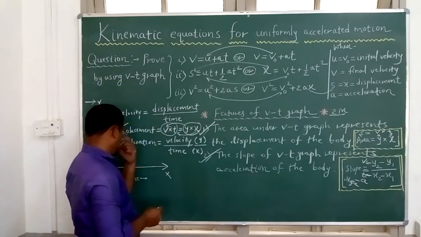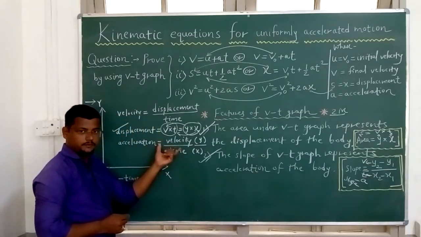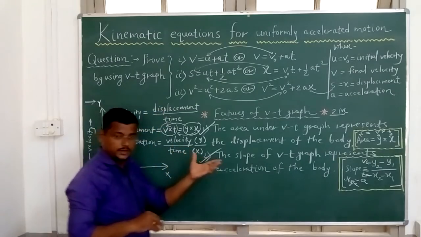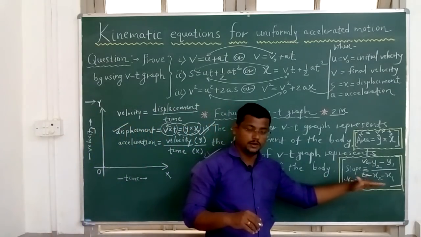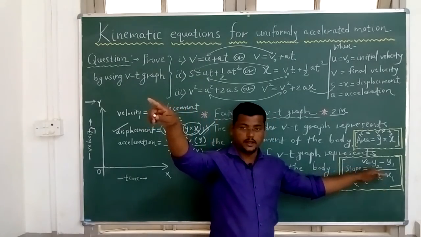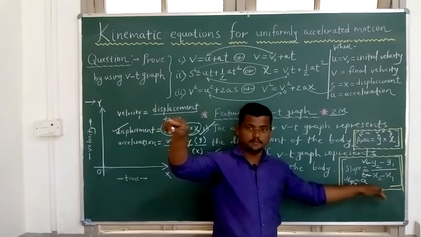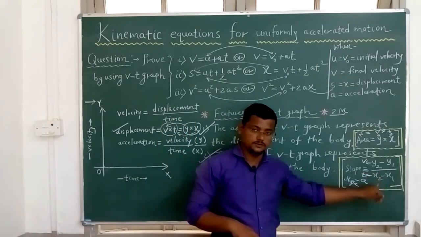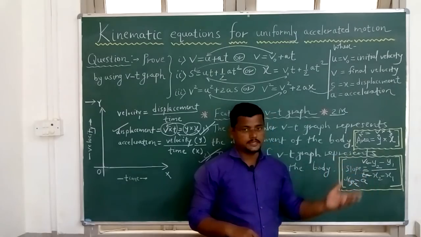The acceleration formula is velocity divided by time. Velocity is along the y-axis, time along the x-axis. So y2 minus y1 divided by x2 minus x1 will give acceleration here.